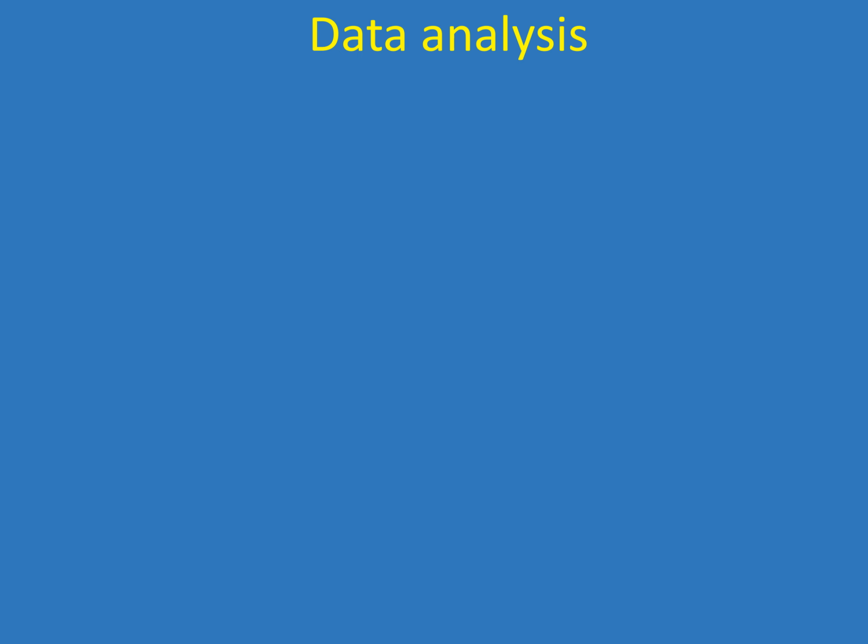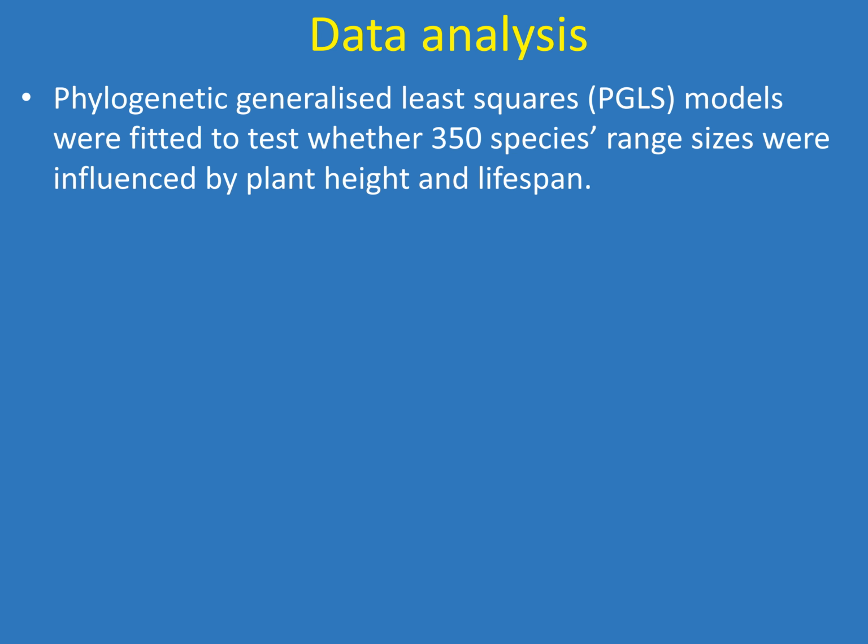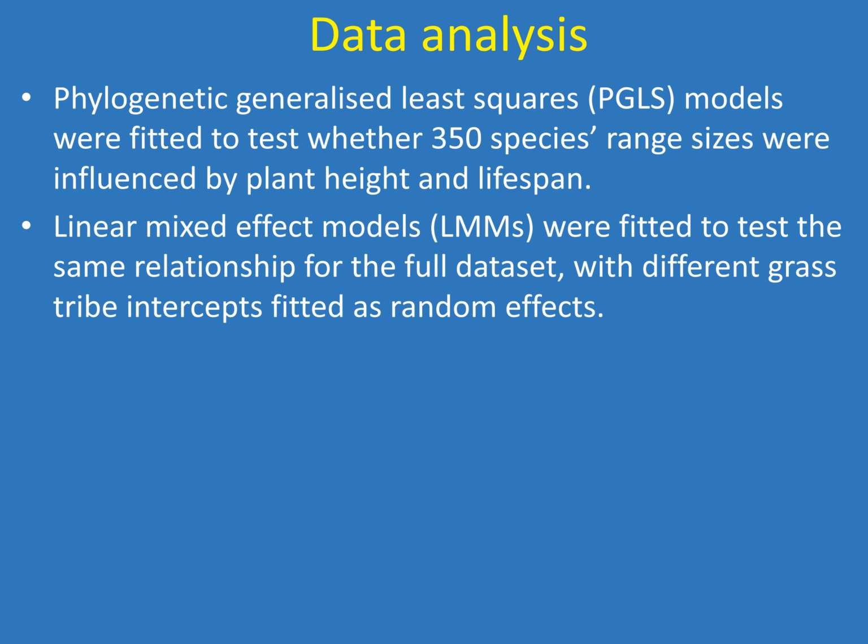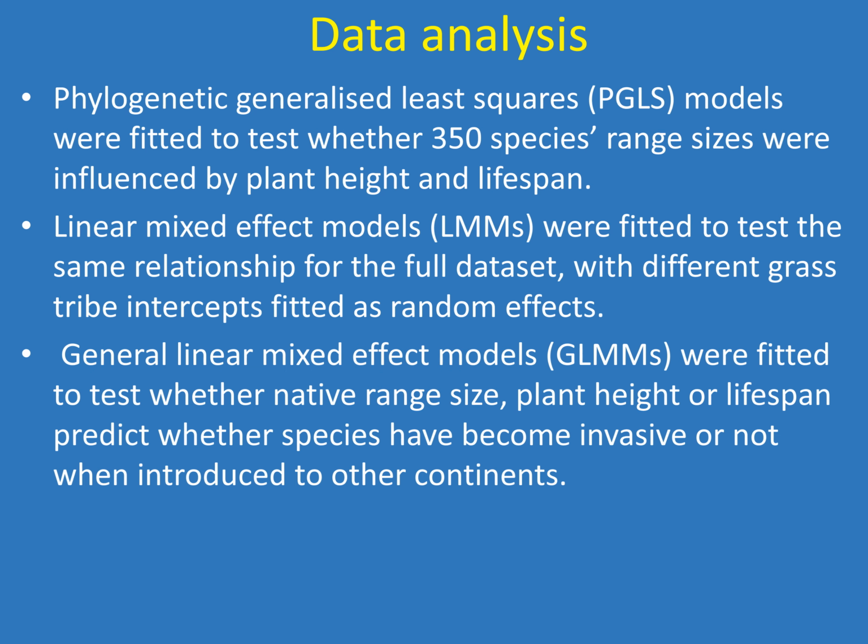Data analysis. Phylogenetic generalized least squares models were fitted to test whether the range size of 350 species was influenced by plant height and lifespan. Linear mixed effect models were fitted to test the same relationship for the full dataset, with different grass type intercepts fitted as random effects.